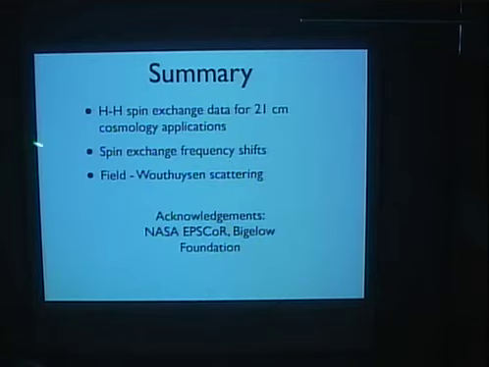I talked a little about spin exchange frequency shifts, and again posed the question: could this effect be important in very dense collapsing objects of hydrogen gas? And finally, I left open the question of how we should think about Field-Wouthuysen scattering. So I'd like to thank the audience and I'm available for any questions. Thank you.